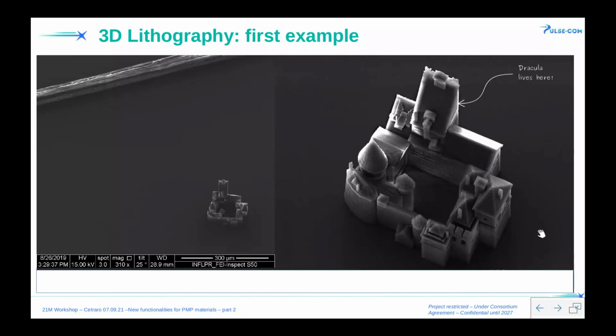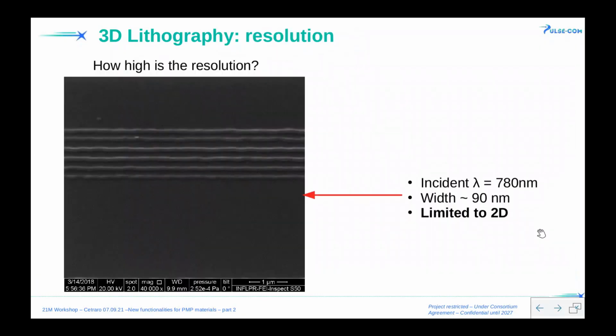Okay, so I've said that we can go below the diffraction limit, but how low can we go? From our previous experiments, the lowest I could obtain was 90 nanometers, for an incident wavelength of almost 800 nanometers.